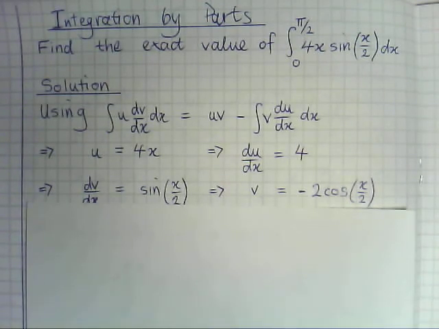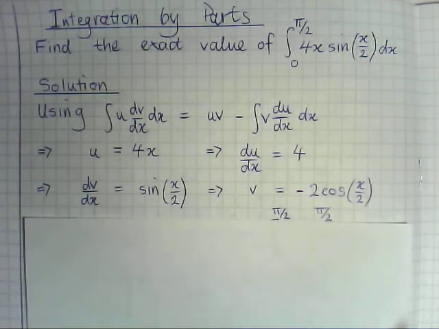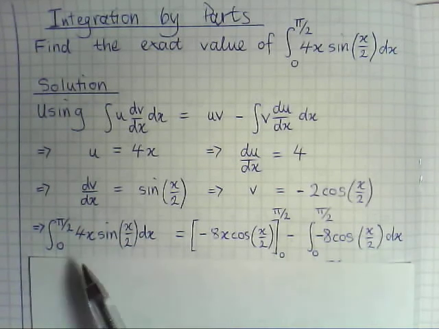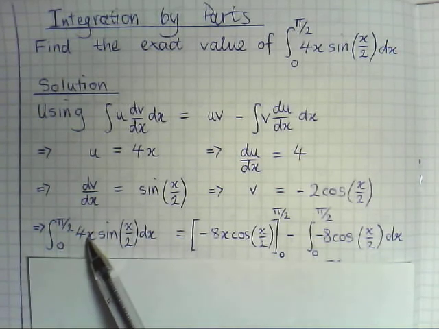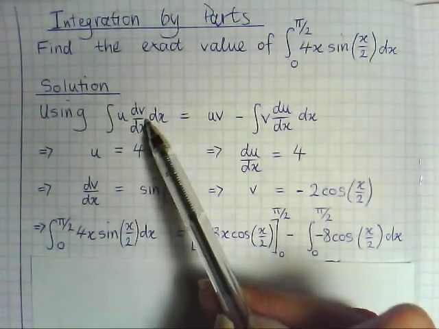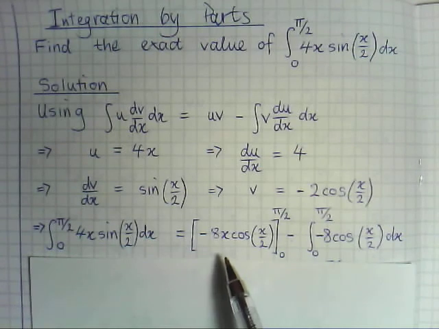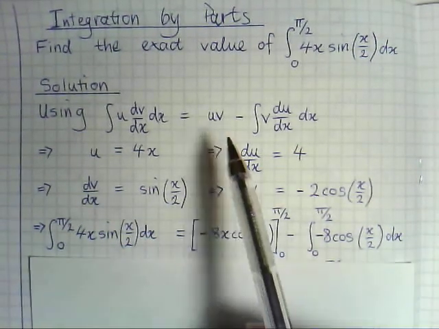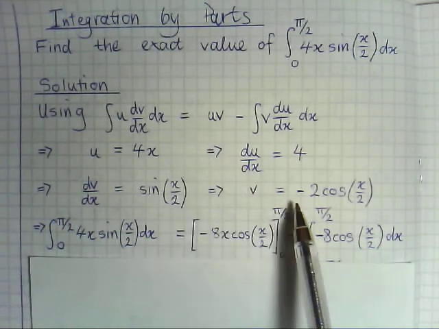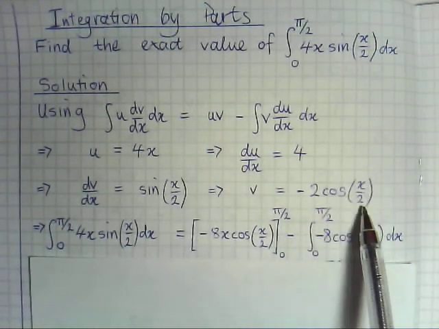Now, in terms of carrying on, we do direct substitution of all these different functions. And we can see that we have 4x as our u, we have sine x over 2 as our dv dx, and then we have u, which is 4x, and we have v, which is negative 2 cos x over 2.